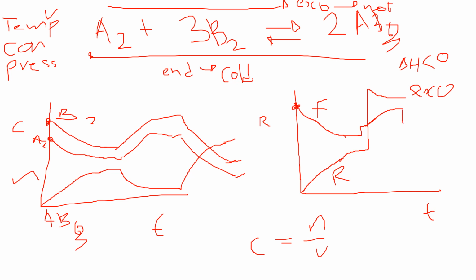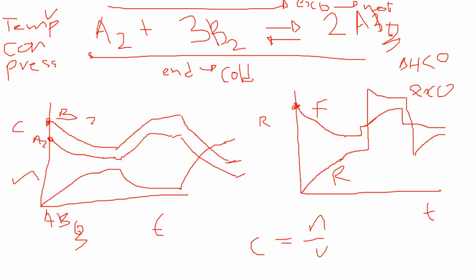But the rate of reverse will decrease more, because the forward reaction must have a faster rate. So this one will decrease more, because we are favoring the forward reaction. You understand? And then this one will go down and reach the new equilibrium, and the forward reaction will come and reach its new equilibrium. Okay, I hope that makes sense.